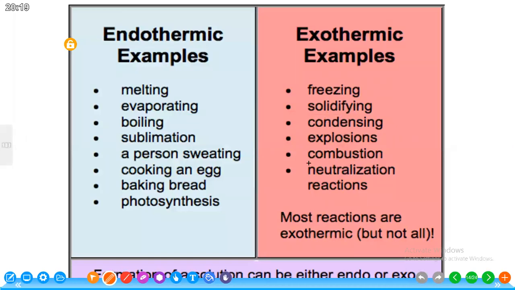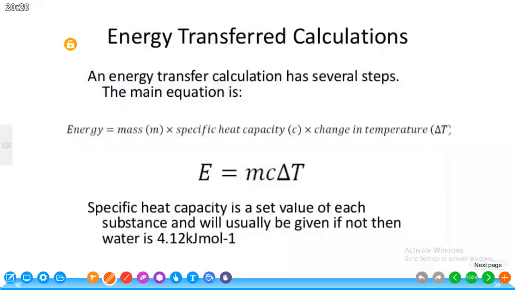Explosions means bursting. You know, bomb blasting is an explosion, and volcano eruptions are explosions too. When they burst, heat is released to the surroundings, so it is an exothermic reaction. Combustion, neutralization reaction. So we know that mostly chemical reactions are divided into two types, either exothermic or endothermic.